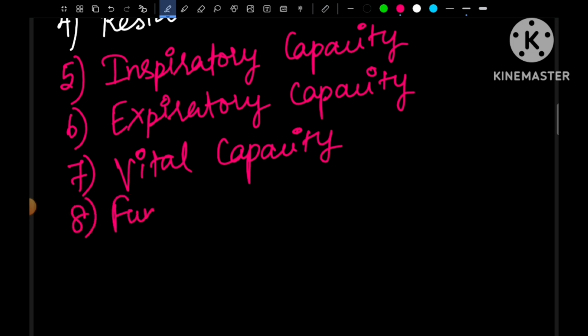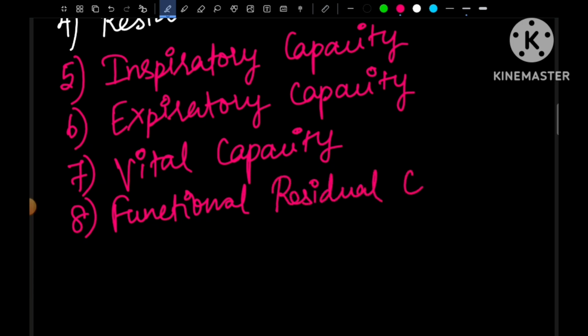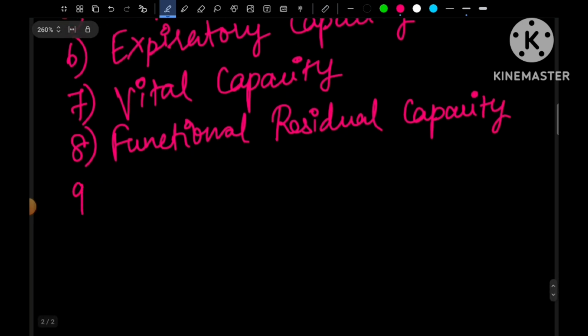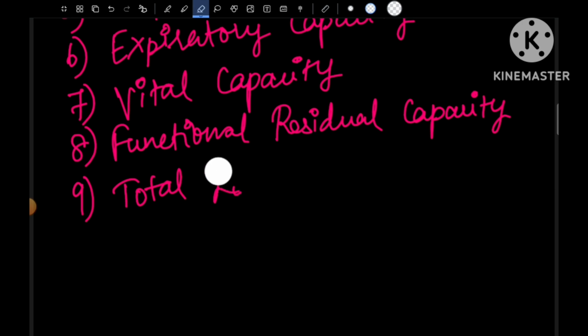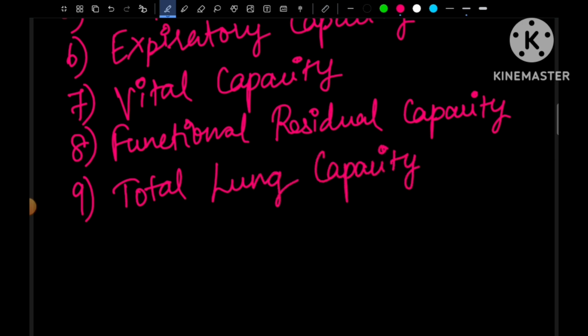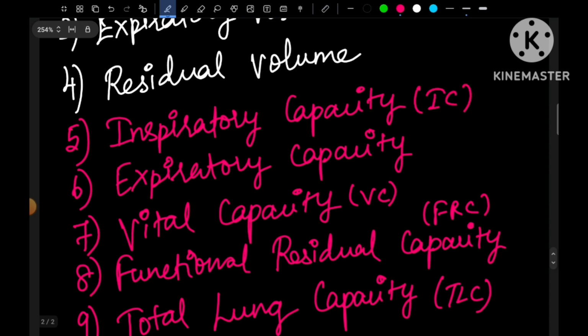Next, functional residual capacity. Next is total lung capacity, TLC, right? TLC, FRC, VC, IC, EC and RV.